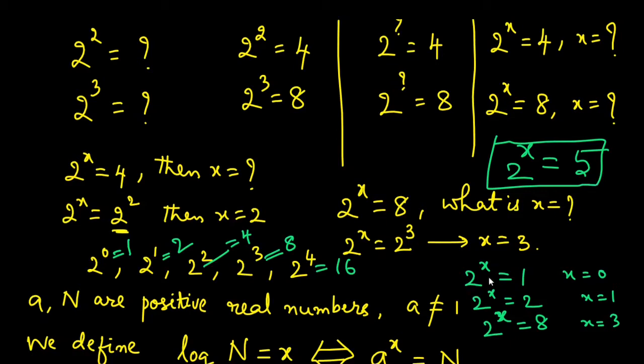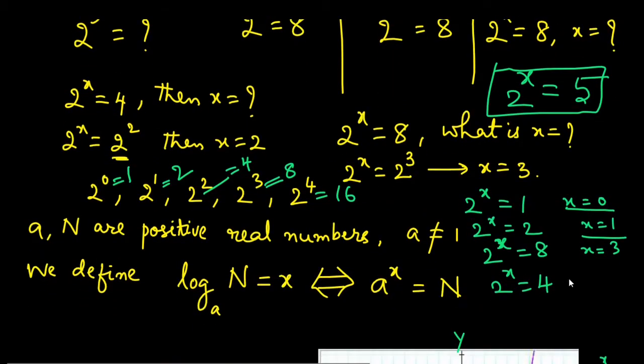Here we get 2 power x equal to 1, then the value of x is 0. 2 power x equal to 2, the value of x is 1. 2 power x equal to 4, we get x equal to 2. 2 power x equal to 8, then we get x equal to 3.